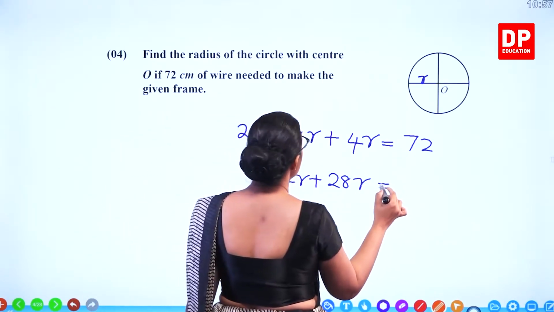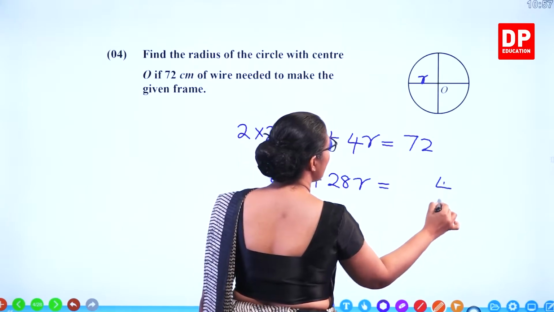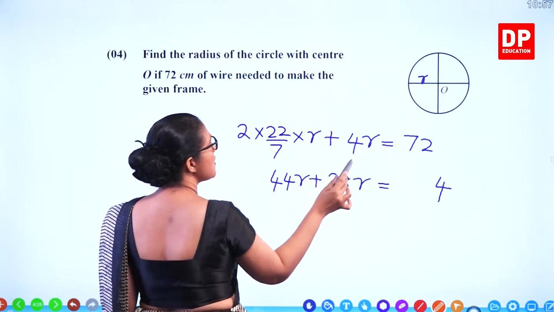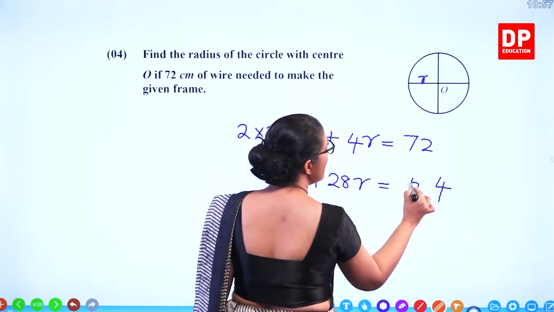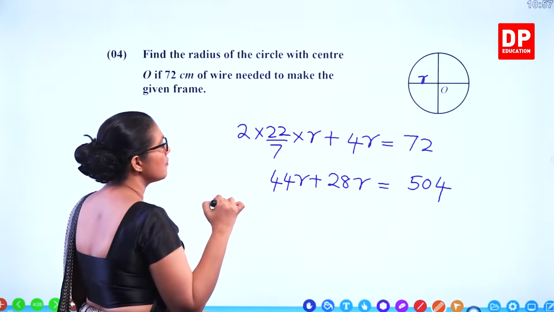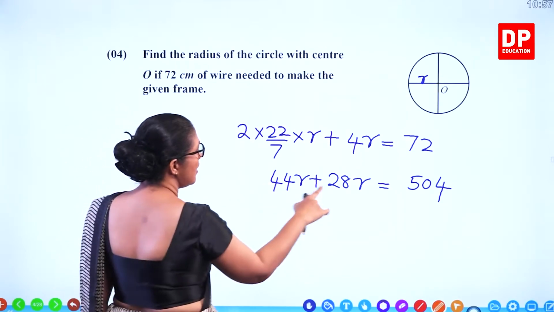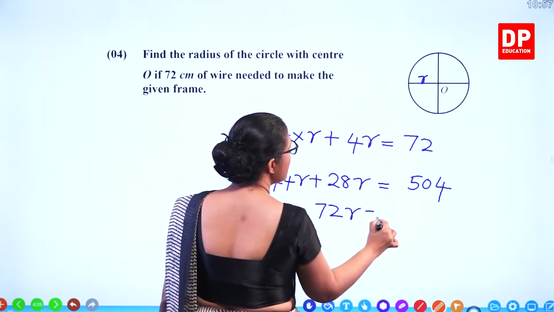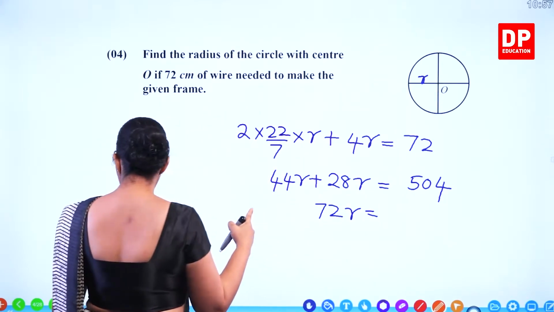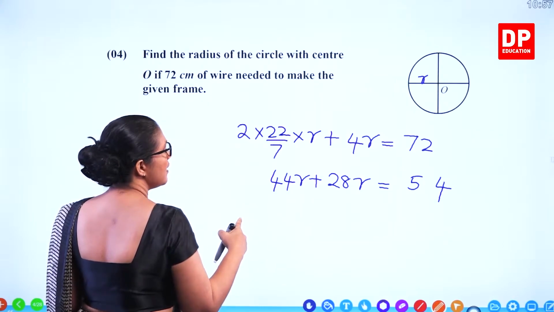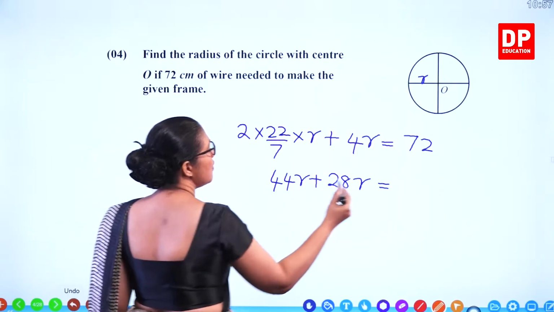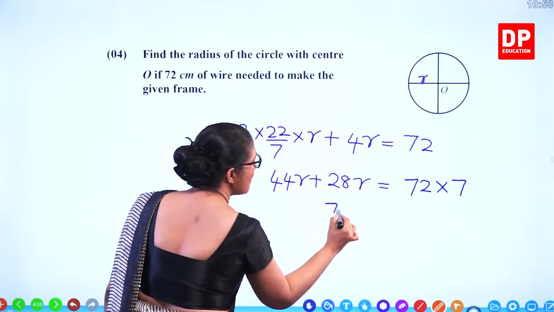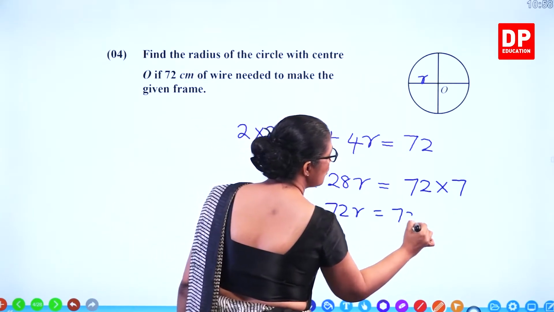And 7 times 72 on the other side. So 44r plus 28r gives 72r, and here you don't need to multiply out 72 times 7, it's easier to leave it. So 72r equals 72 into 7.